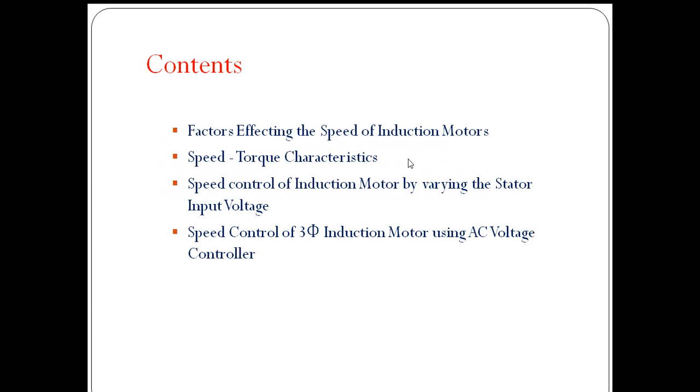In this session, we will mainly discuss the factors affecting the speed of induction motors, speed torque characteristics of induction motor, speed control of induction motor by varying stator input voltage, and speed control of three-phase induction motor using AC voltage controller. These topics we will discuss in today's session.